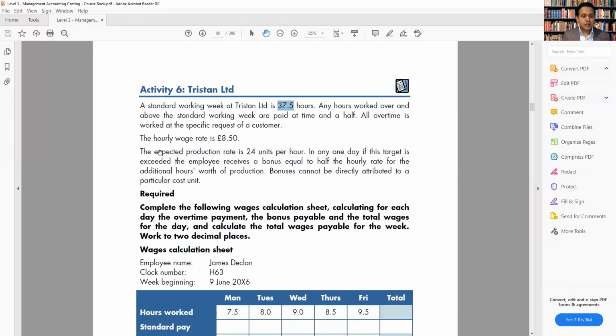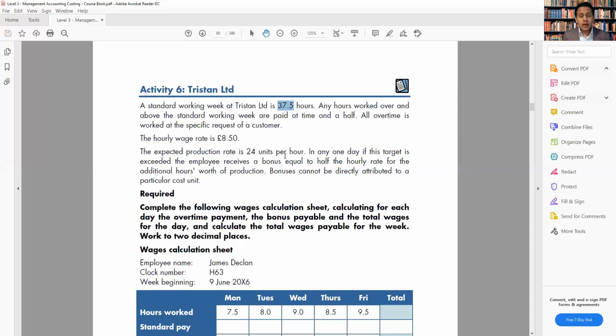All overtime is worked at the specific request of a customer. That means the overtime will be considered a direct cost, because we are making the product for one specific customer. The hourly wage rate is £8.50, so this is the per hour rate. The expected production rate is 24 units per hour.